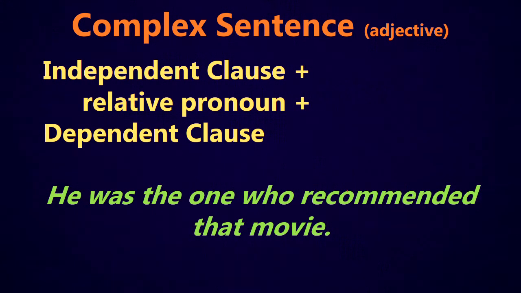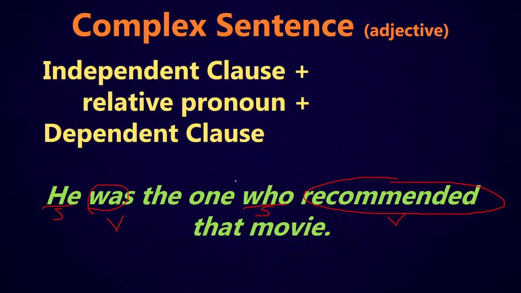He was the one who recommended that movie. So he is the subject, was is the verb. The one who recommended. We've got recommended, which is the verb, and who is the subject of this verb.